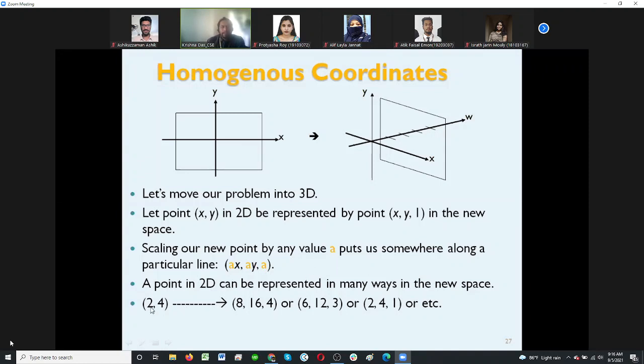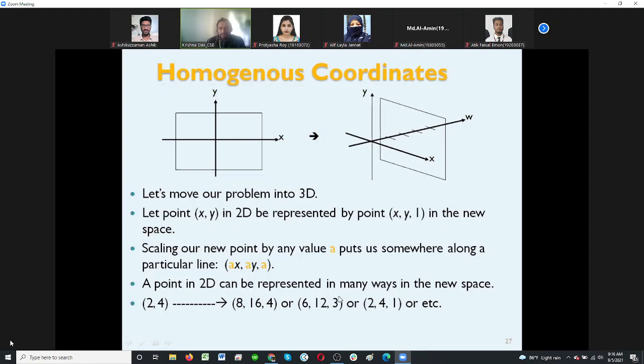Like if we have 2 and 4, we can represent it in three-dimensional space like 2, 4, and 1. Now if it is 2, 4, and 1, then 6, 12, and 3: 6 divided by 3 is 2, and 12 divided by 3 is 4.